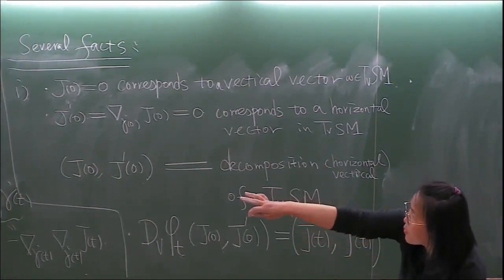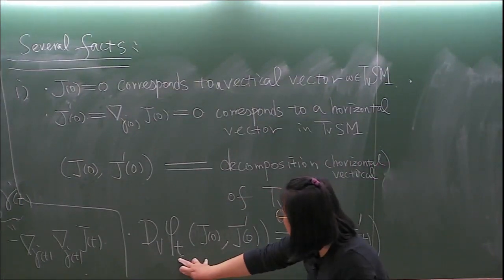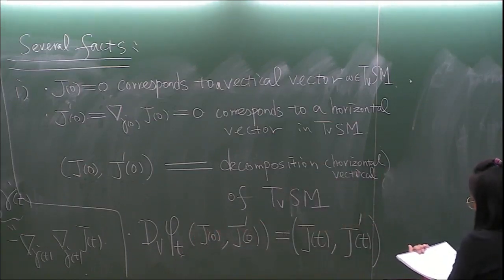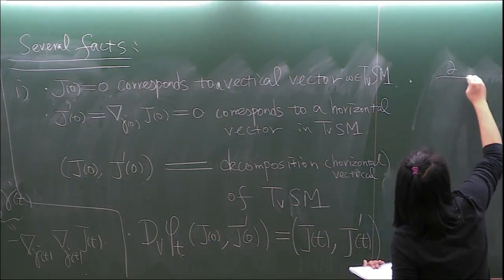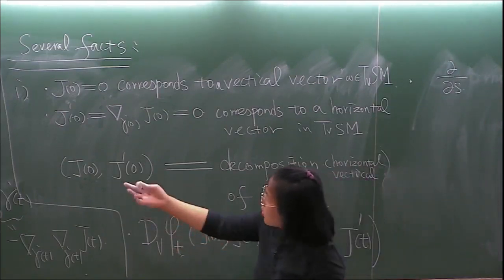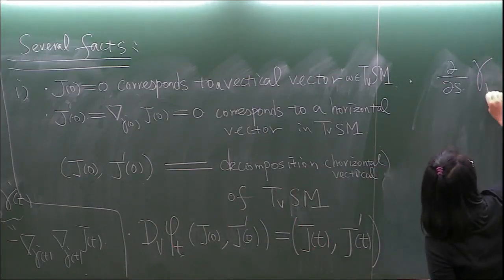Okay, so we use the picture there. So what is the tangent map of the action on this vector? Actually, it is the horizontal part. The horizontal part will be the derivative of this gamma.